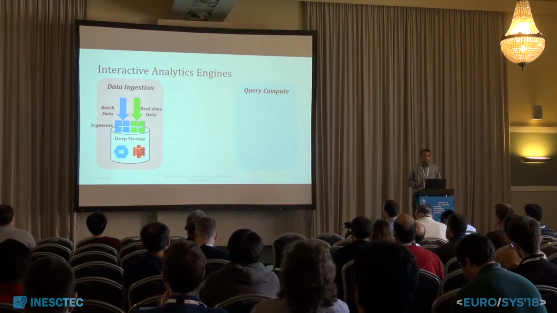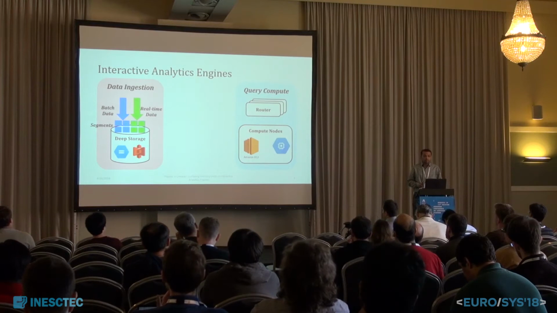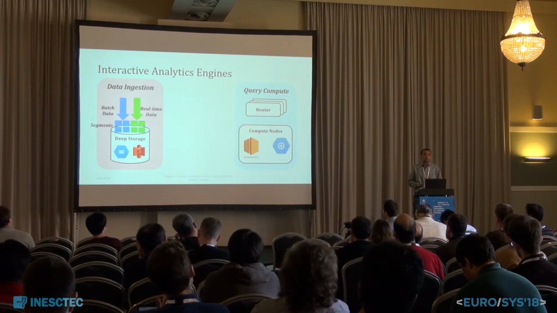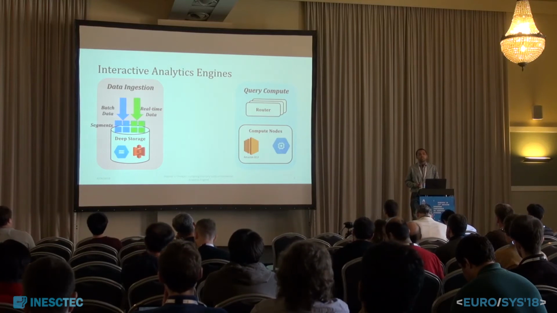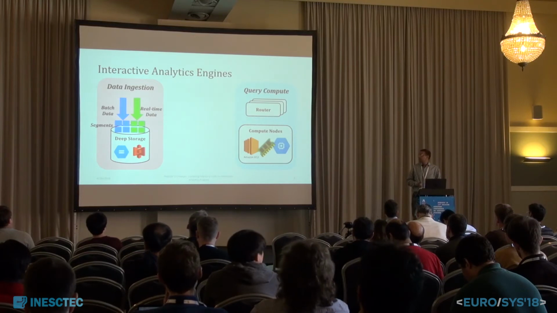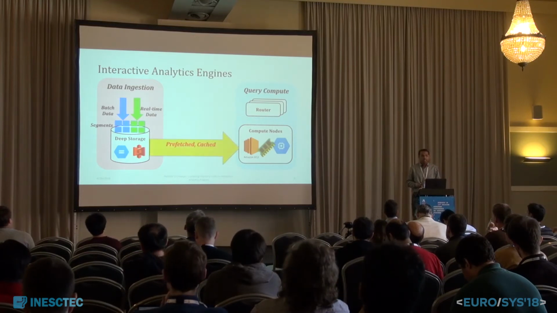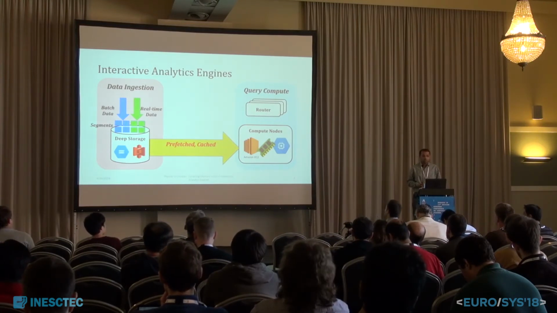Queries are executed in front-end compute nodes, typically VMs from Amazon EC2. They have powerful processors and a large amount of memory. To reduce query response time, data is prefetched and cached in this memory. Additionally, data can be replicated to handle extra load to queries from popular segments.